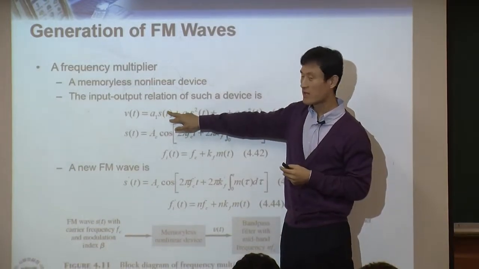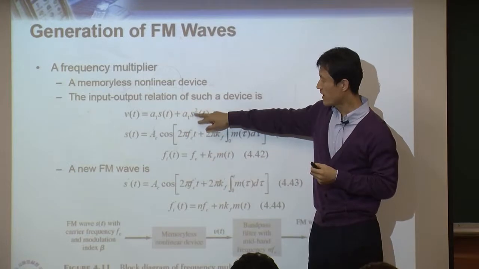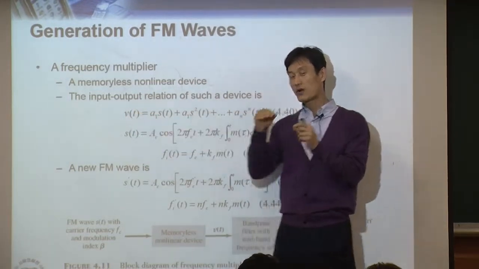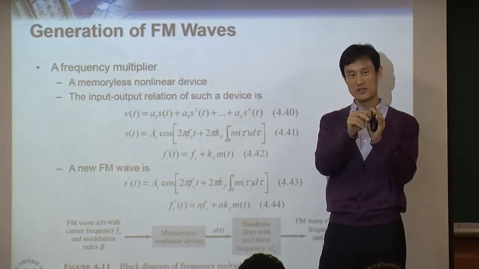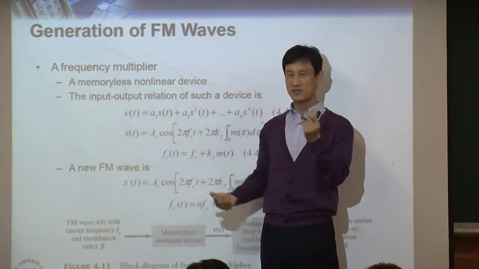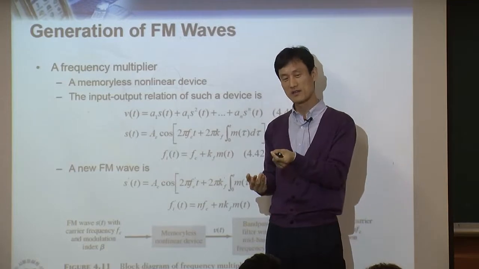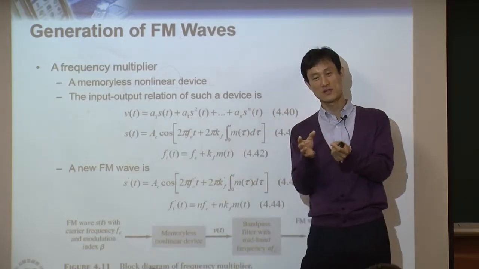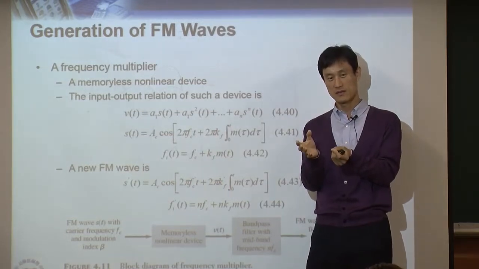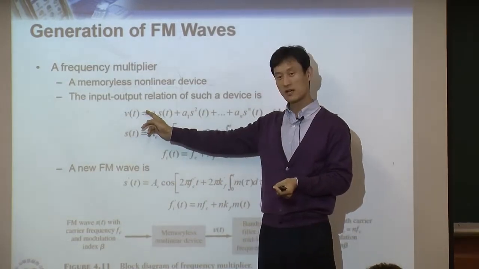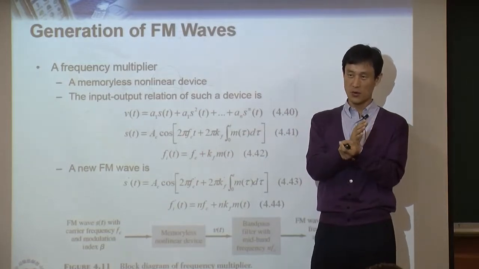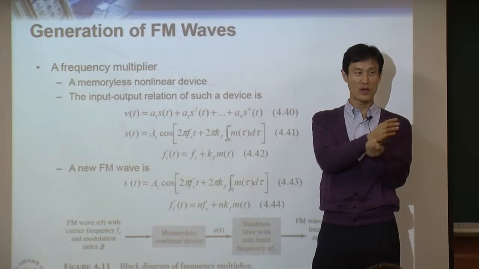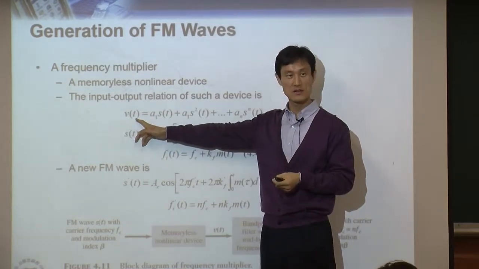Let's say this is a cosine of fc, then we have a cosine of 2fc. So our input was only the fc frequency, but at the output, we have the fc frequency, and we also have 2fc, because the square generates the 2fc frequency, right? So the output, in this case, is going to be the fc frequency and also 2fc and also DC. So we have that kind of frequency here, right?